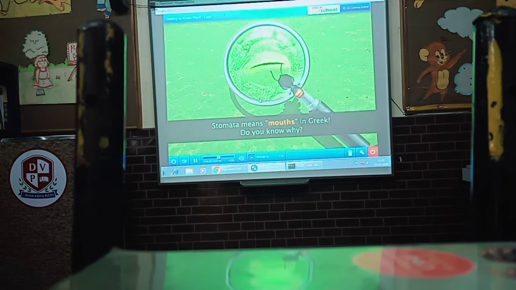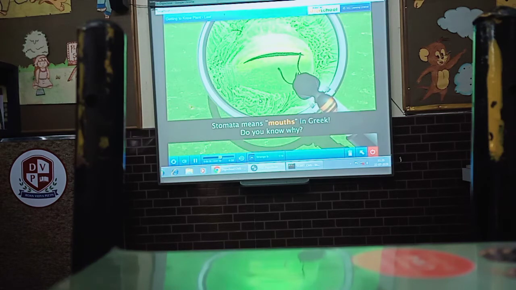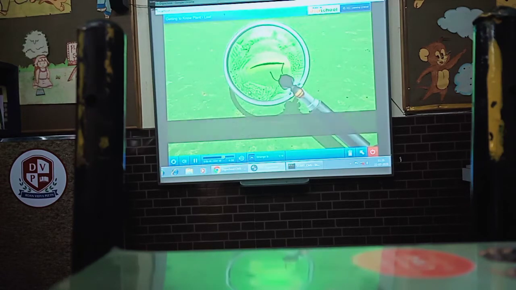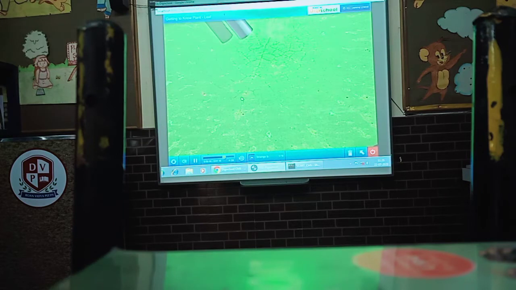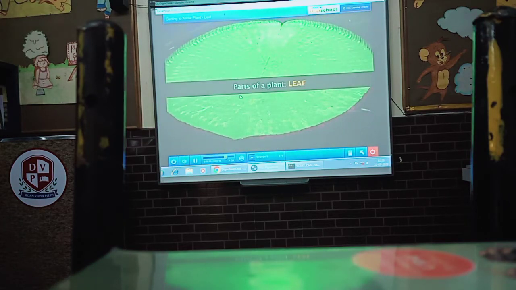They are stomata, which means mouths in Greek. Do they not resemble tiny mouths surrounded by swollen lips? What is their function? Today, we will discuss all these and some other interesting aspects of a leaf. Are you ready?